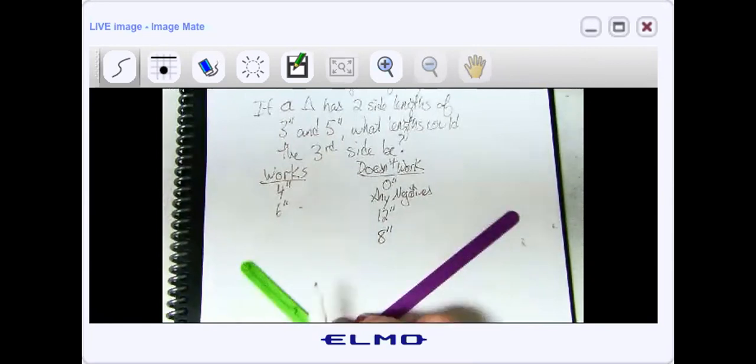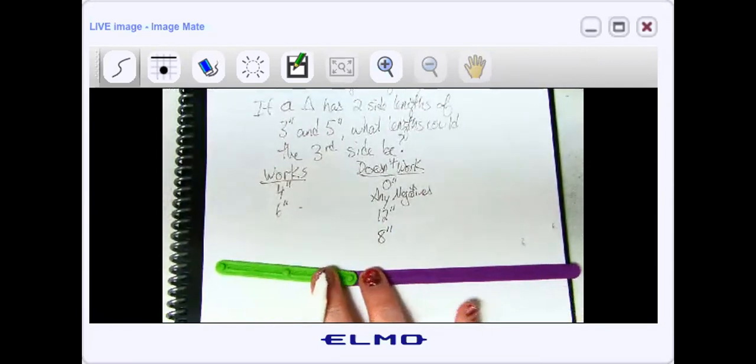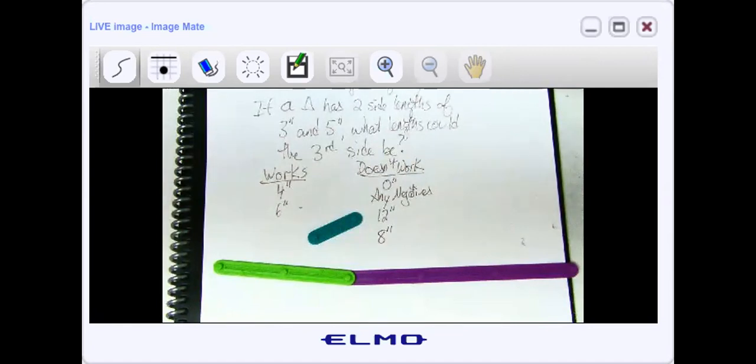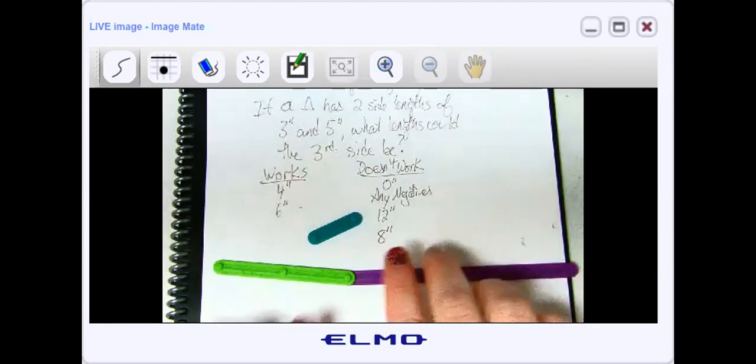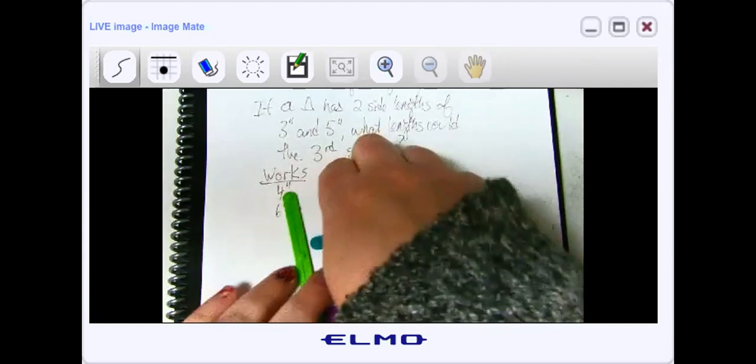What if I had 3, 5, and let me actually see, I might have one. I want one that's 1 inch long. Close enough. This one, it's a little bit more than 1 inch, but that's okay. Could I make a triangle out of these 3 pieces? Yes. Let me try.